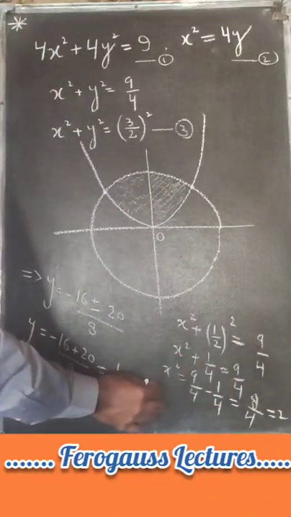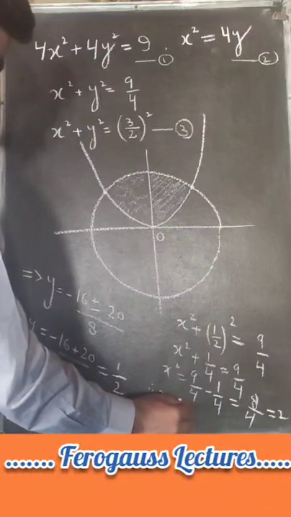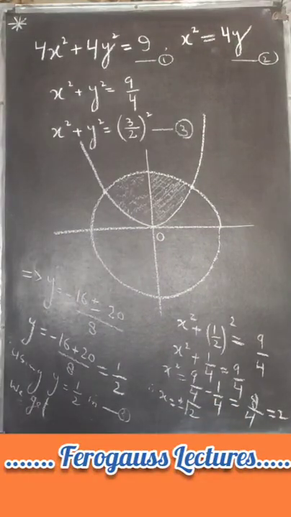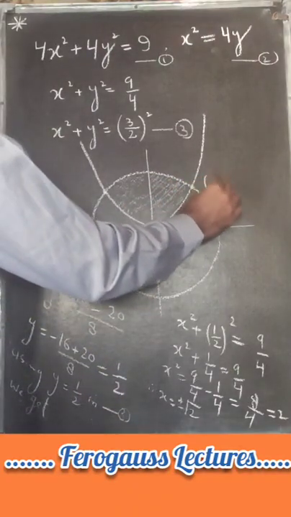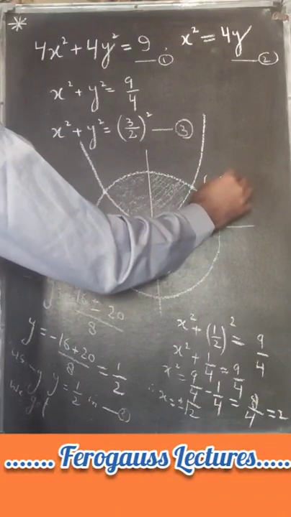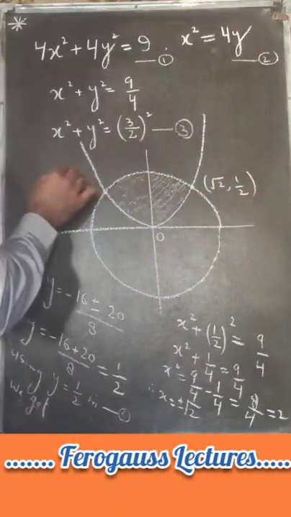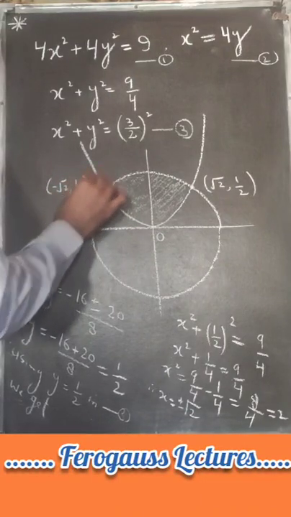So x square equal to 2, therefore x equal to plus minus square root of 2. Thus the points of intersection are, here x is square root of 2 and y is 1 by 2, and here it is minus square root of 2 and y is 1 by 2.